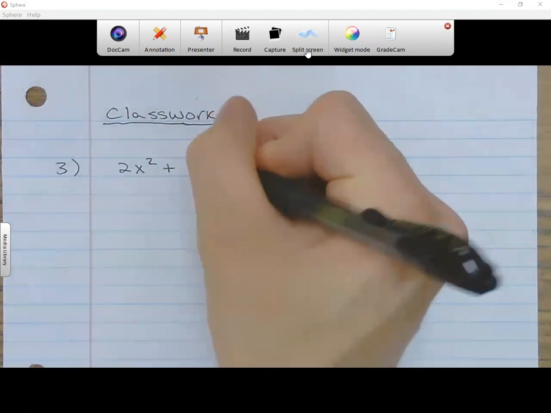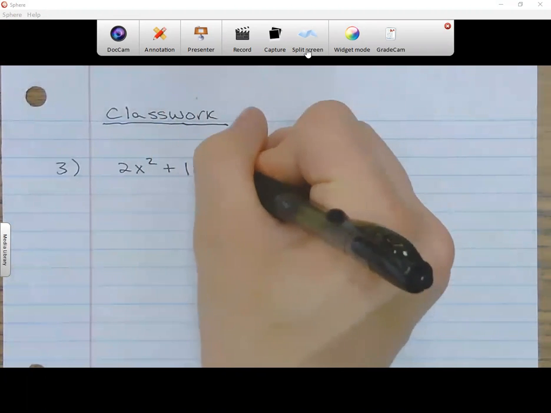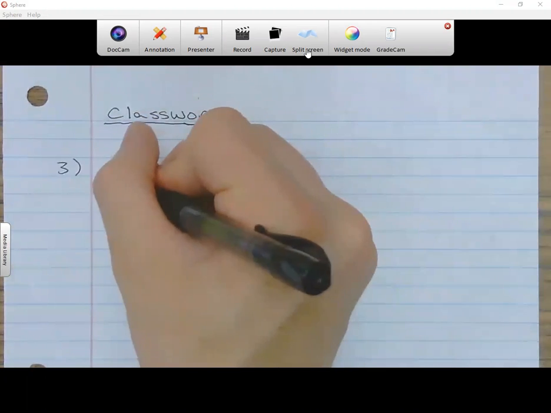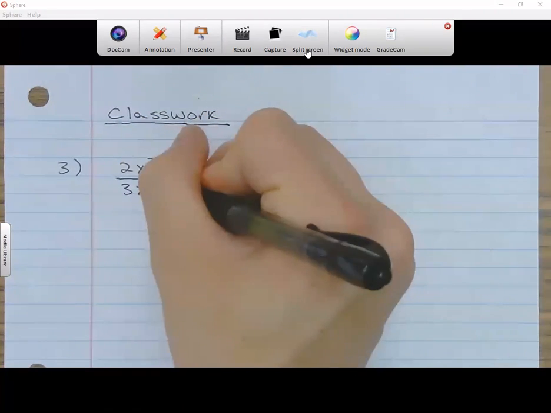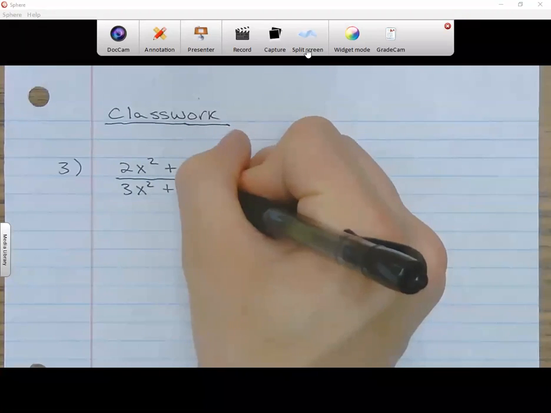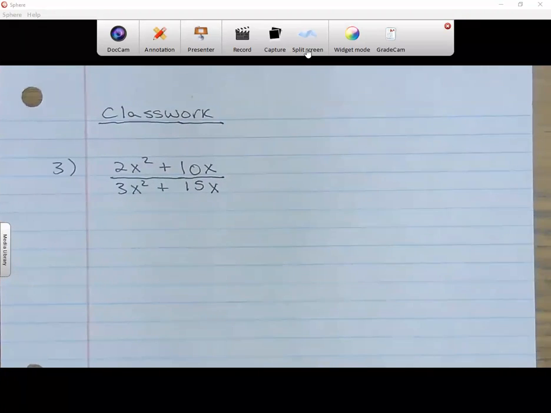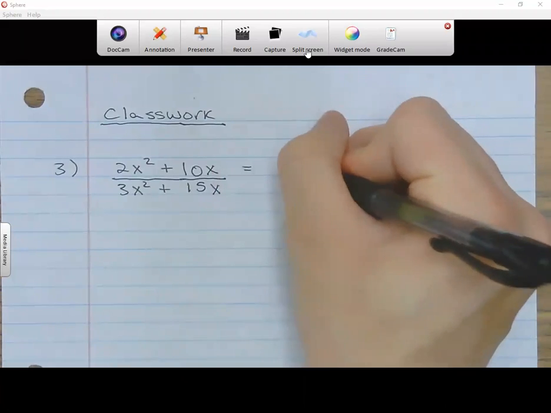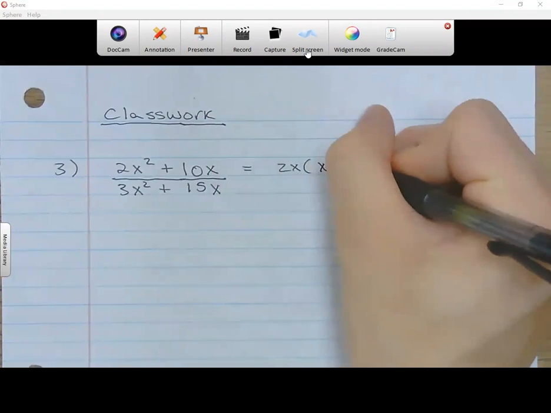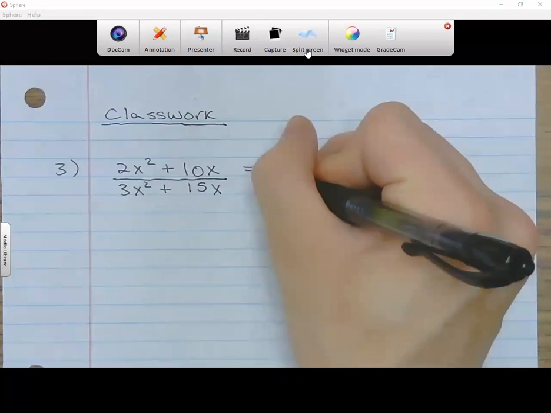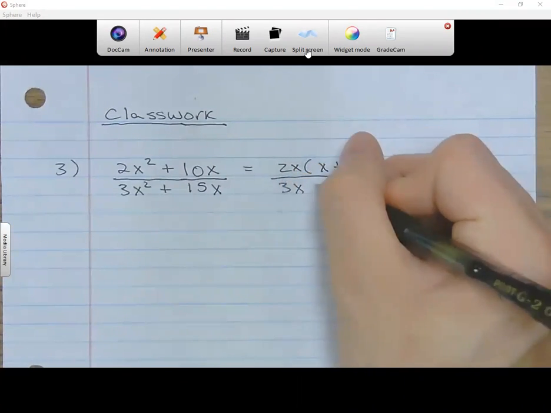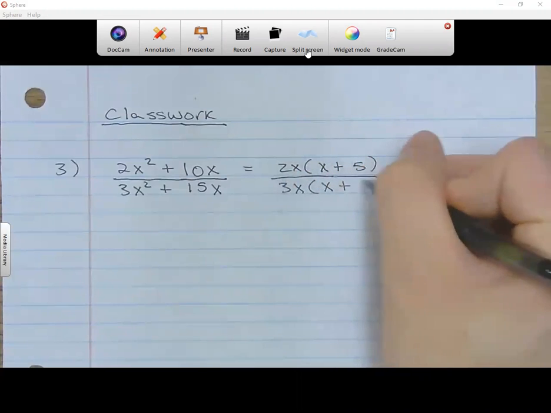So for this one, I've got 2x squared plus 10x, and at the bottom I have 3x squared plus 15x. So here, I can take a 2x out of everything, and I'm left with x plus 5. Down here, I can take a 3x out of everything, and I'm left with an x plus 5.